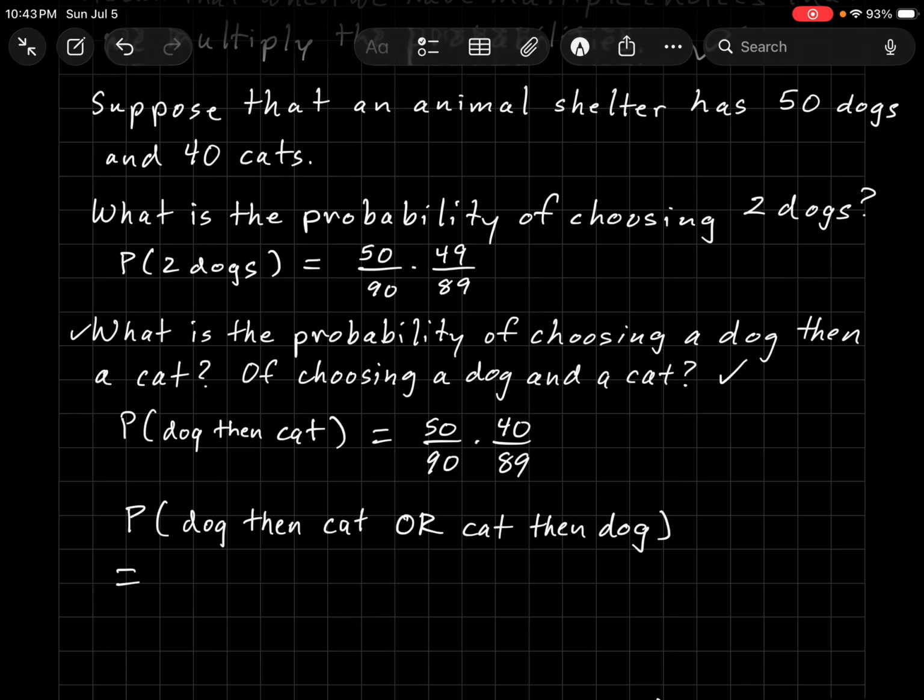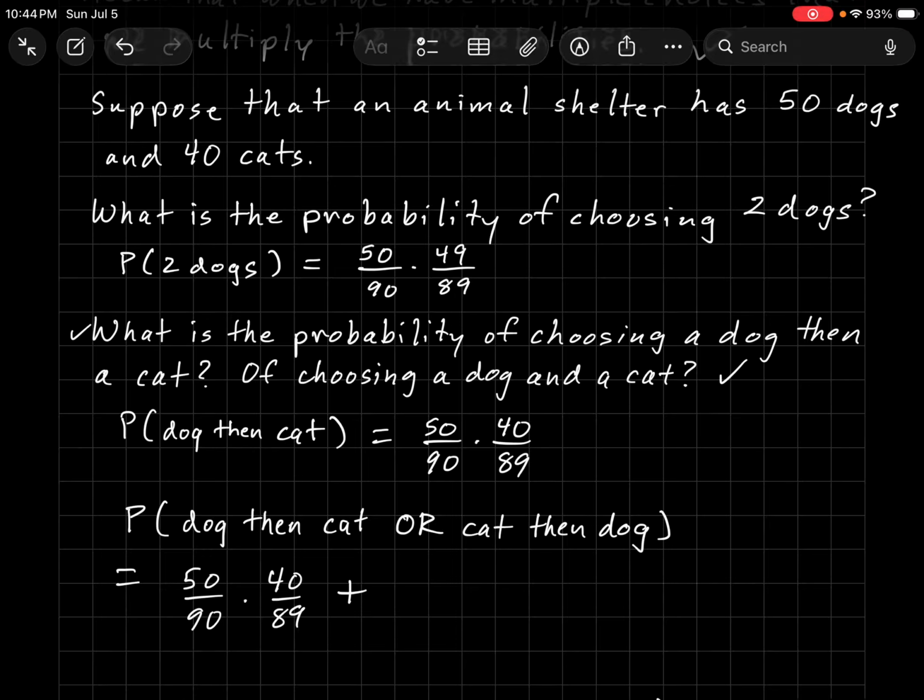And again, I'm going to try to use common sense here with a little bit of probability knowledge. So the probability of choosing a dog then a cat we just found, right? 50 out of 90 times 40 out of 89. Or I could have chosen a cat first then a dog. And what does or mean in probability? Hopefully you remember that means to add.